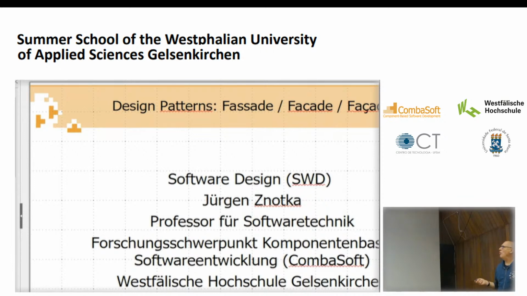And if you would allow all the clients to go directly to the subsystems, you get a lot of problems over time. Each client has to know the subsystems he's entering. So you have a lot more than just 1, 2, 3, 4 associations to this system here.